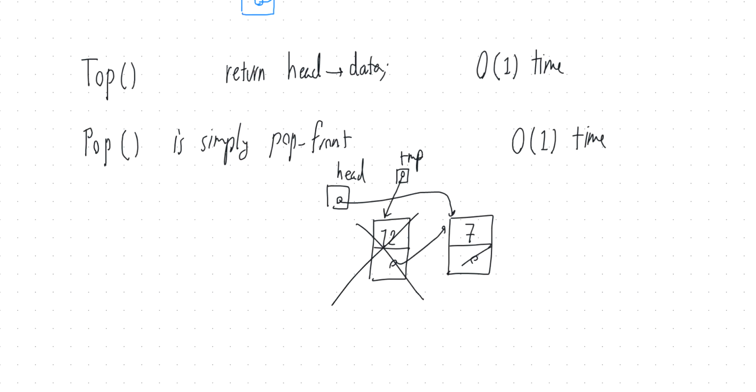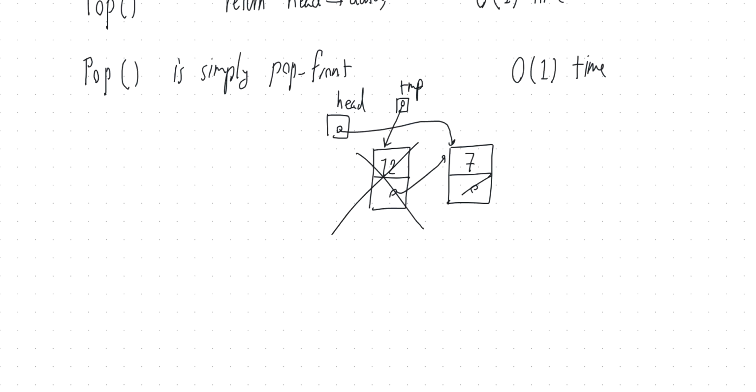So you say if head is equal to null, then pop either throws an exception and says you called pop on an empty stack, or it writes an error message that says you called pop on an empty stack. But in any case, that would be a separate case, and all of it can be done in constant time, independent from the number of nodes.